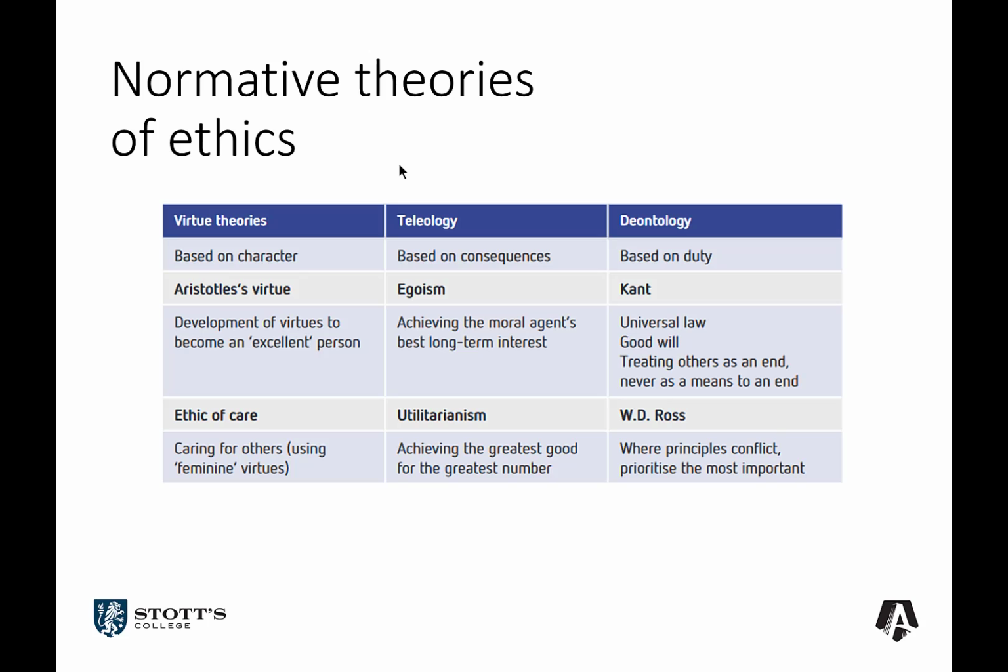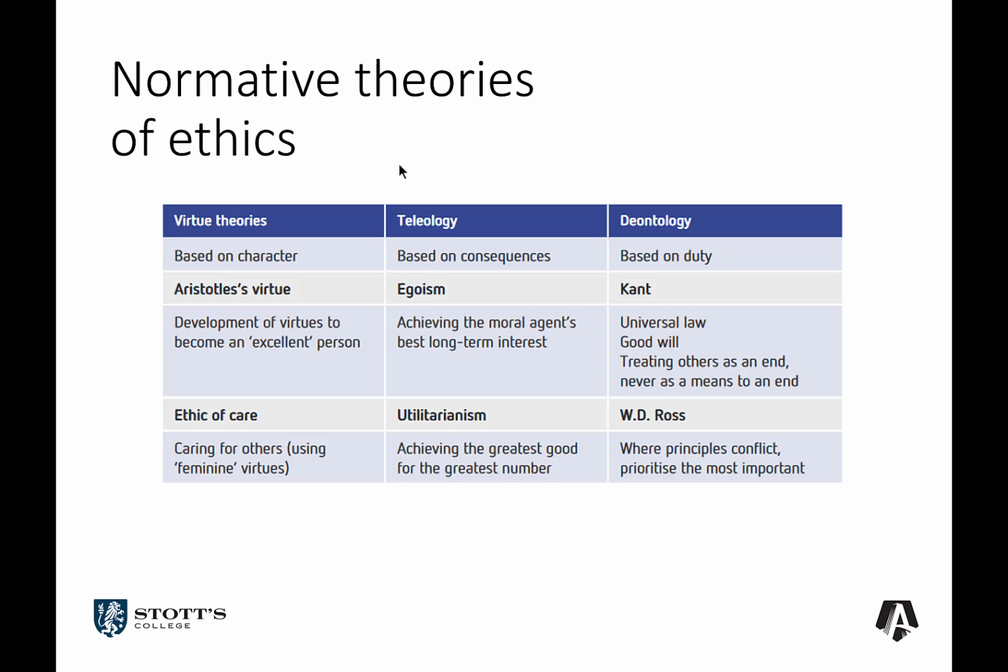Kant's model of moral decision-making is based on a universal law, that there's something that unites all of humanity, something that is universally clear. Goodwill, and that treating others well is an end. The way you treat others is not just the means to the end, it's the end itself. I suppose that's saying you can't use people.